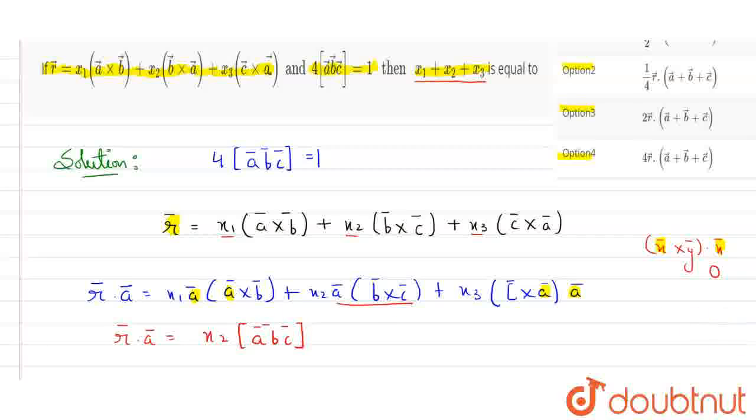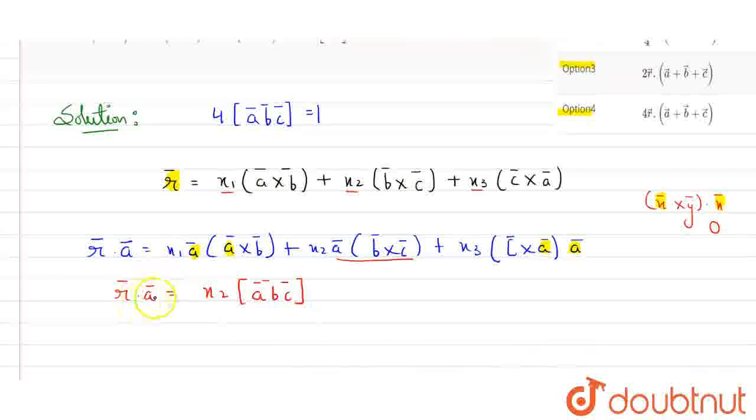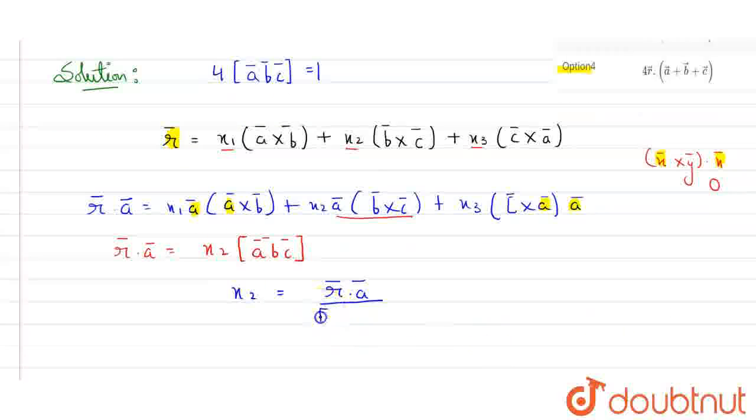So I got the value of r dot a here, okay? So from here I can conclude my x2 value. So my x2 value will be equal to r dot a divided by [a b c], okay?